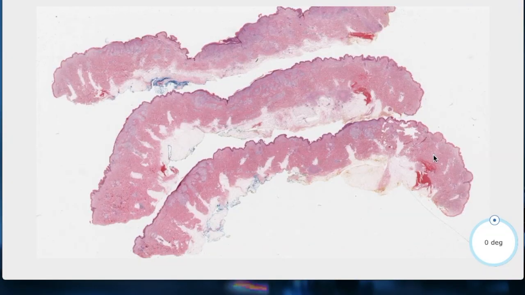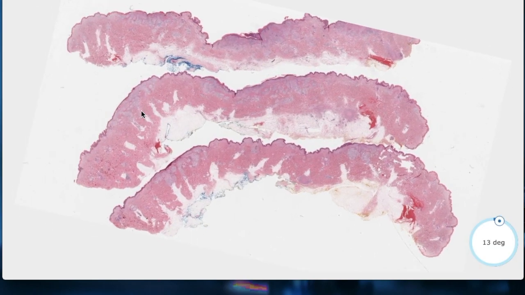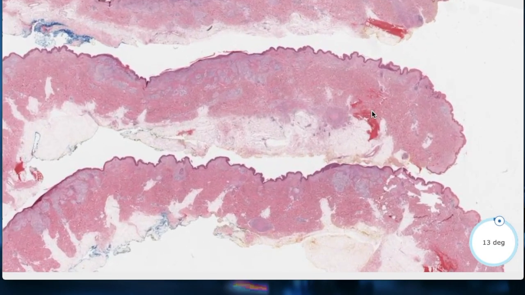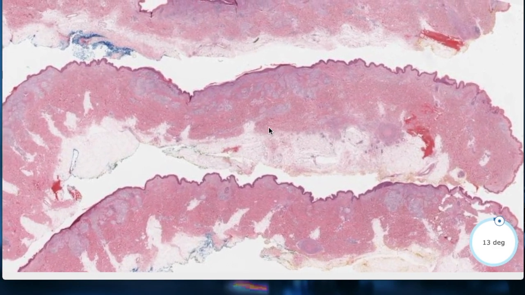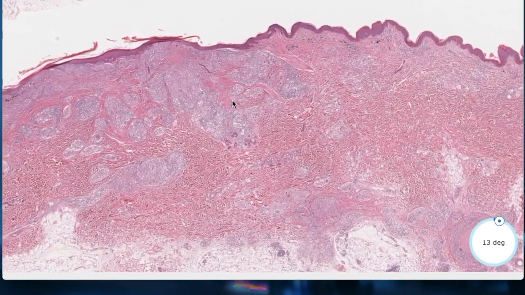Moving on, this is a very big excision, and we'll take just one piece. This is the middle piece. So if we go on high power, you will see like the epidermis appears okay for the most part, and we have these granuloma formation in the dermal area.